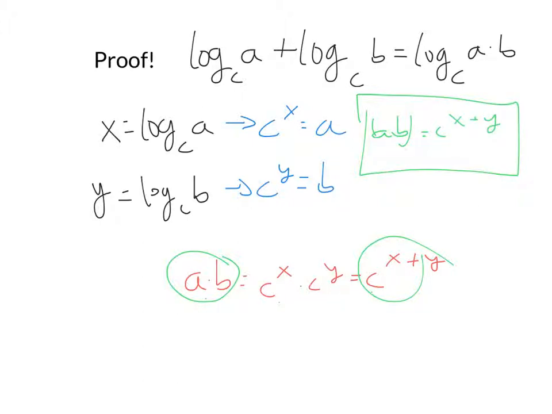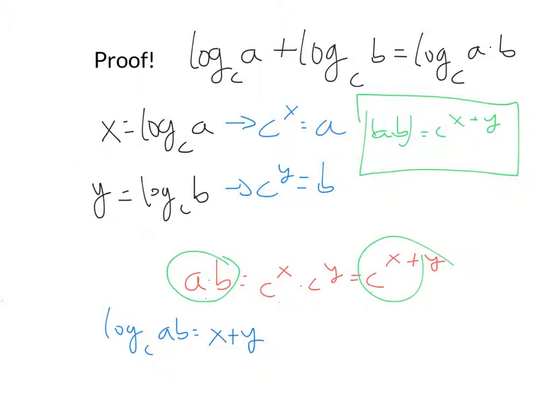Now, if I use my definition of logarithm on this expression, what do I end up with? I end up with log base c of ab is equal to x plus y. But of course, if I substitute my initial definitions, what do I obtain?